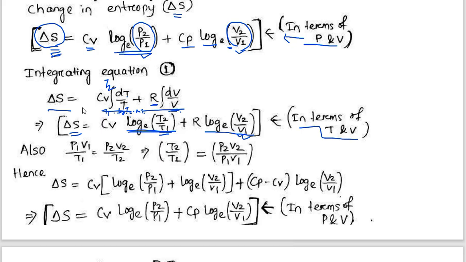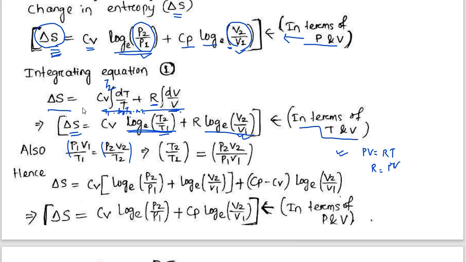Again, let's look at another part. We know P1 V1 by T1 equal to P2 V2 by T2. How did this happen? Remember, for an ideal gas, PV equal to RT, for 1 mole of ideal gas. So R equal to how much?